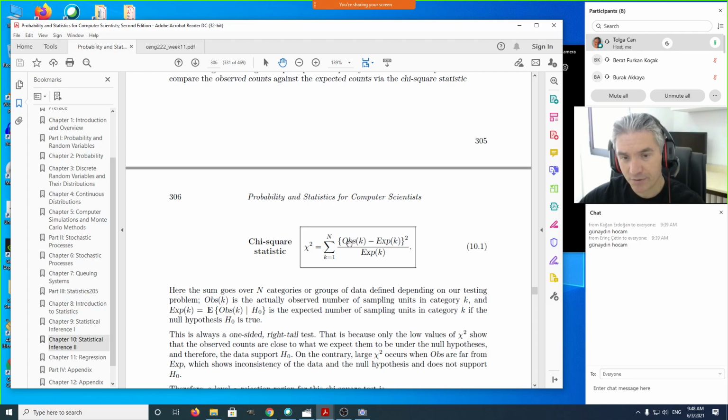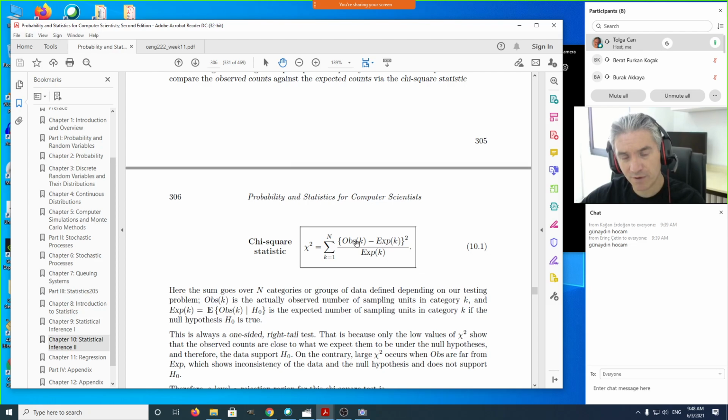But the observed counts will always be integers, because your sample has some data points, and when you partition your domain into regions, into bins, they will be mutually exclusive. So a certain subset of your sample is going to fall into that bin, and they will always be integer counts. So the observed counts are always integers, but the expected ones may not necessarily be integers.